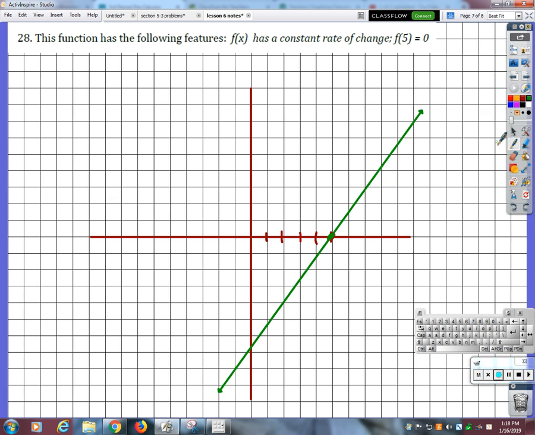No, because it doesn't say what it is. It just says it is constant. So like Nathan said, it can't be squiggling around at all. And f of 5 equals 0. So that's this point right here, 5, 0. That's it. That only had 2, so that's pretty easy.